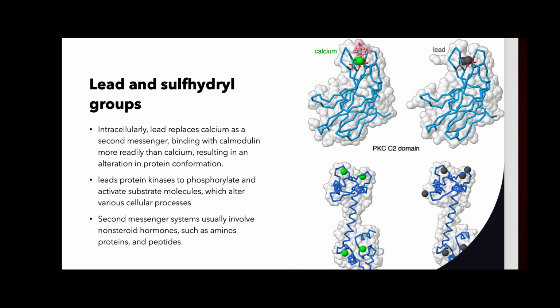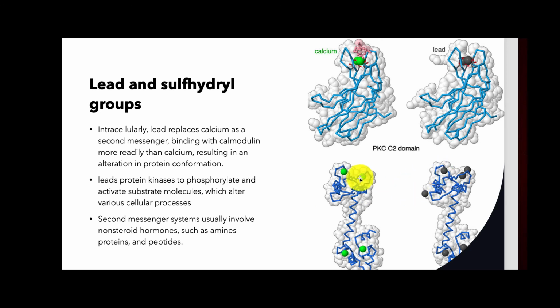And then here's another thing that was better than my drawing. I told you that lead also interacts with calcium and calcium binding. Here you can see that lead can bind to some of the same spots where calcium is supposed to bind, so lead can interfere with calcium metabolism.